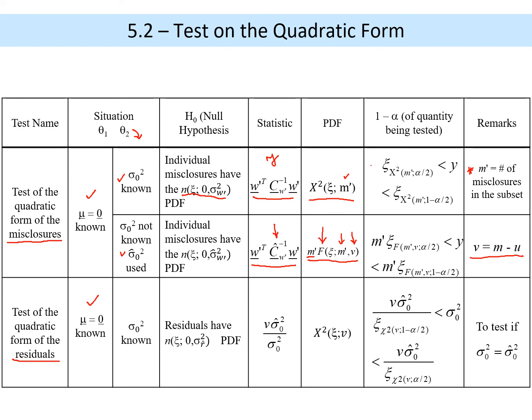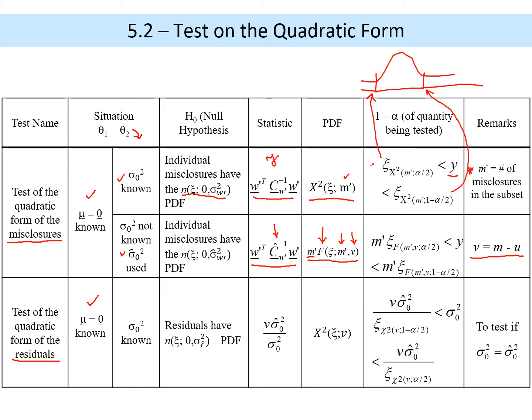The statistic, well, we just defined the statistic already. This is the test. We will be testing if the statistic y lies within an interval that is given by this quantity here and this quantity there.